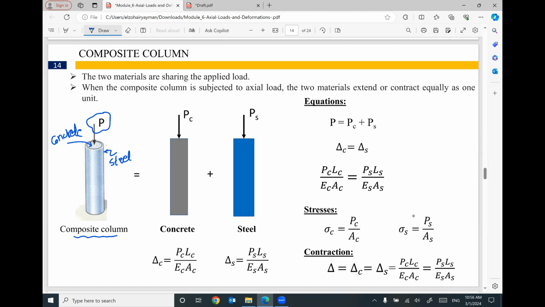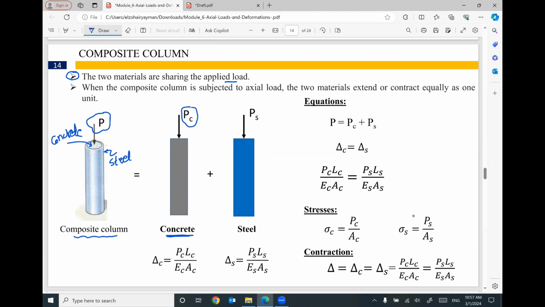How to solve this kind of problem? We need to understand what's going on. First of all, the two materials are sharing the applied load. What do I mean? I mean the composite column is subjected to axial force P. Part of this axial force P will be supported by concrete, and this amount of force supported by concrete will be labeled PC.